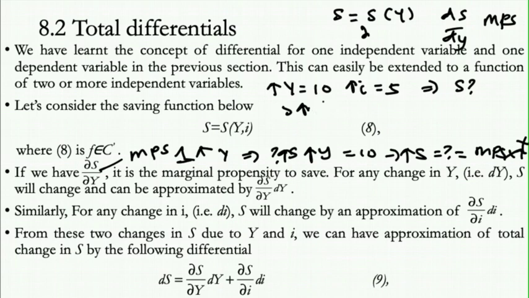Because the increases in income and interest rate are not by 1 unit only, if it were 1 unit, we could easily look at the MPS and the coefficient or parameter for interest rate that affects saving. But because the increases are 10 and 5 respectively for income and interest rate, we need what we call the total differential.